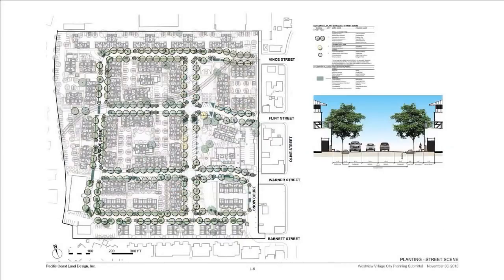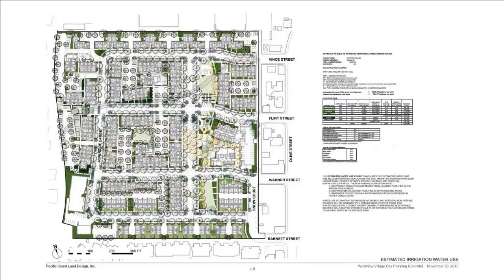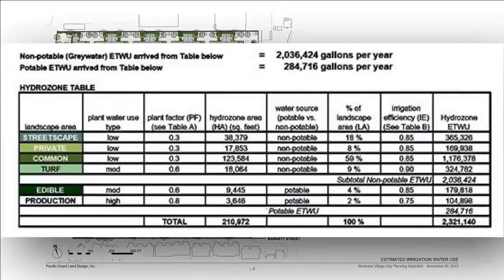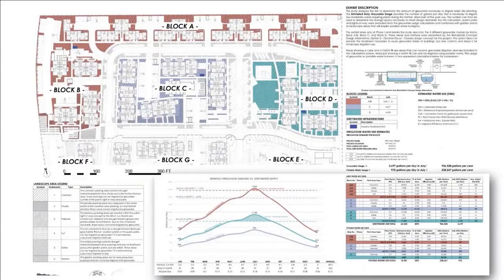Looking at planting, different types of planting, that's tree planting versus the other planting. And then looking at irrigation water use. What is that planting, how that affects our irrigation at the end. A little more detail about how gray water might impact irrigation.